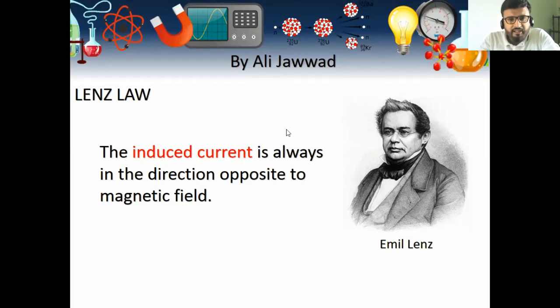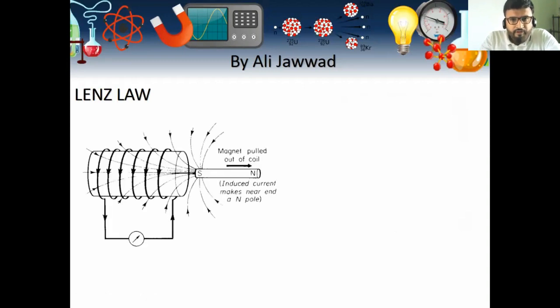For example, we know that the magnetic field from north to south can be drawn as the arrows shown. When we move the coil rightward, the magnetic field is moving rightward in this case. So the induced current which is produced is towards the left, as you can see from the direction of the arrows shown in the wires.